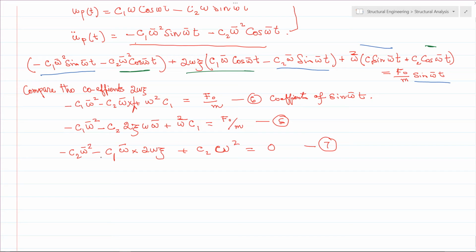What should be the easiest way to solve C1 and C2? Of course, we can use equation number 7, and let us do some mathematics.